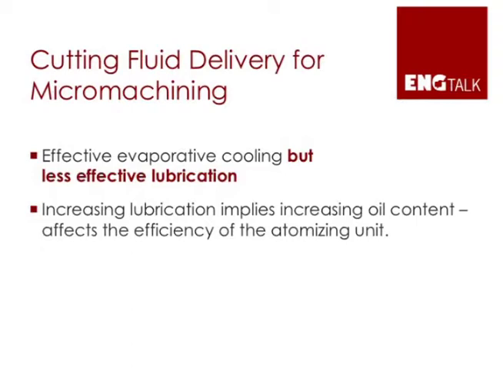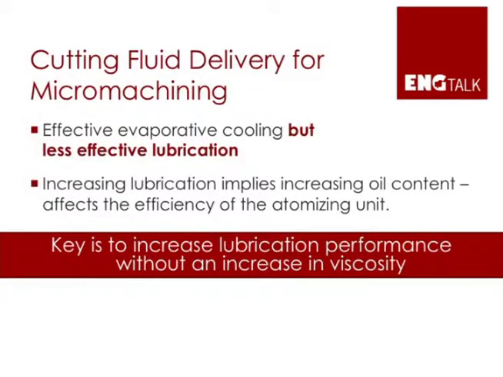Of course, there are two things that you have to always watch in terms of cutting fluid efficiency. One is, does it cool the part? Second, does it reduce the cutting forces? The cooling in this case particularly comes from the evaporative cooling of the cutting fluid once it impacts the surface. And the reduction in cutting force comes from the oil content that is there in the emulsion.